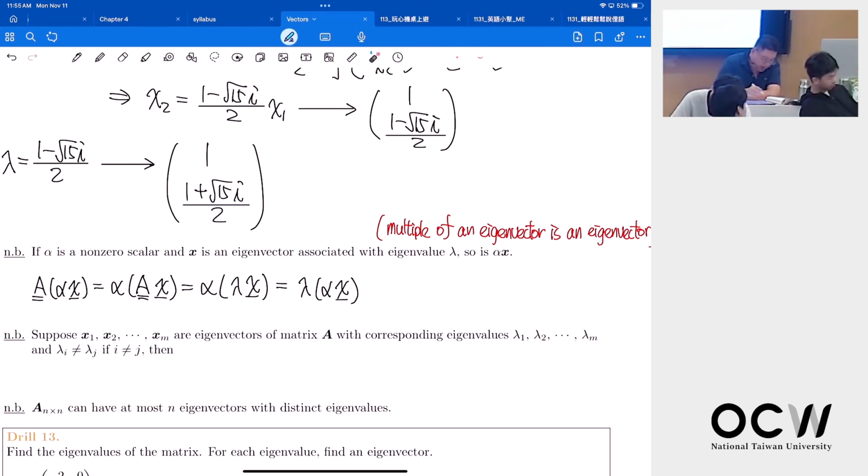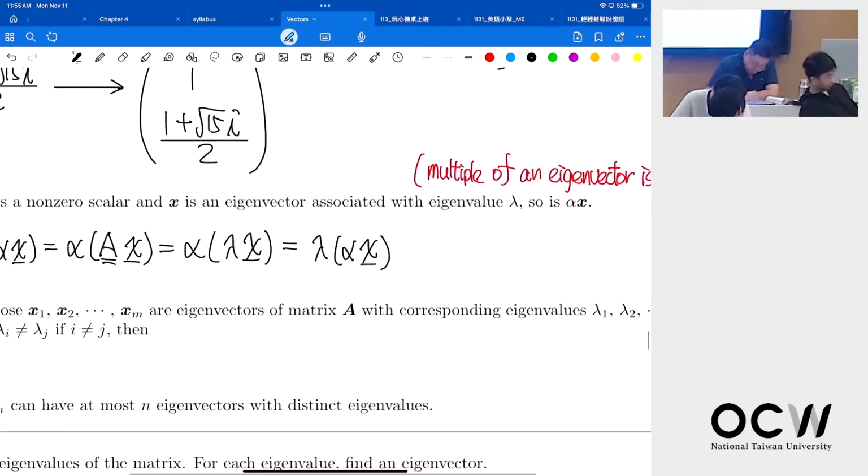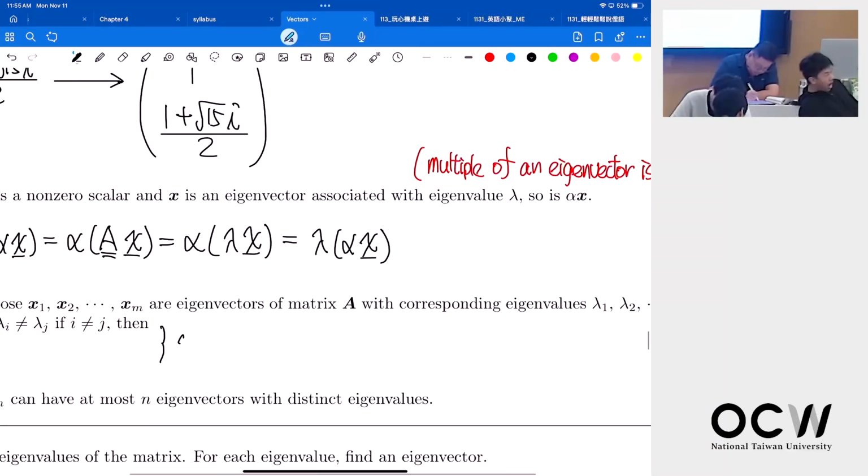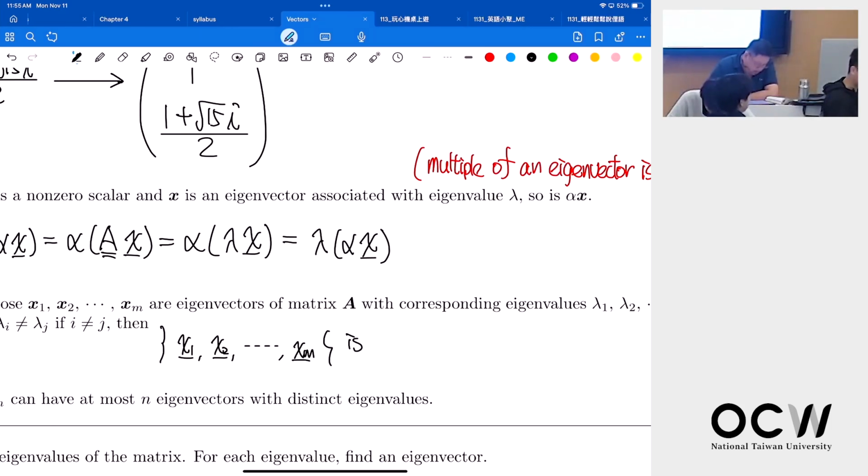Then the eigenvectors x1, x2, up to xm are linearly independent.